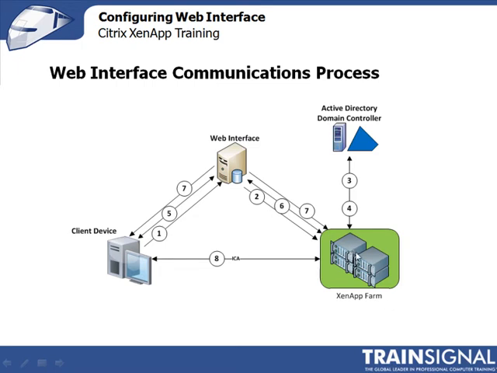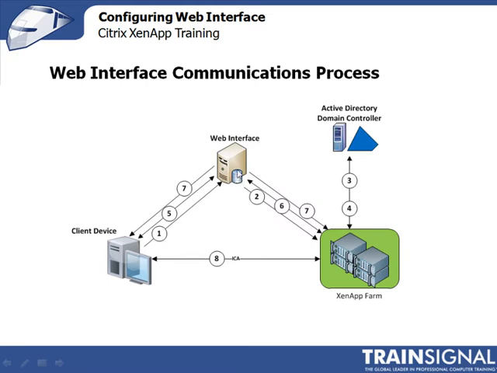Then there's the STA service on that server that's going to service the request. It's called the Secure Ticket Authority service. That Secure Ticket Authority service is going to generate a secure ticket for this published application. So the information is going to be compiled and sent back to the Web Interface. So at this point, the Web Interface has the information that the user needs to connect to the server.